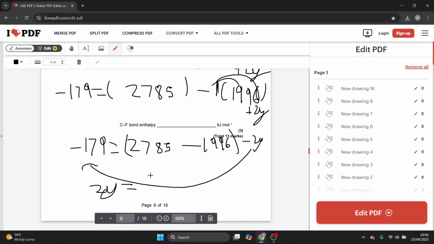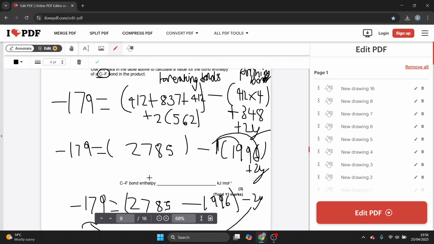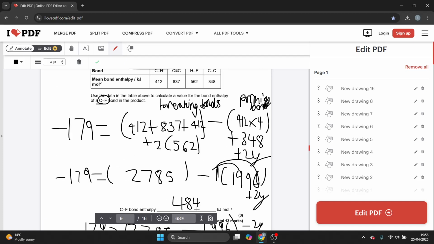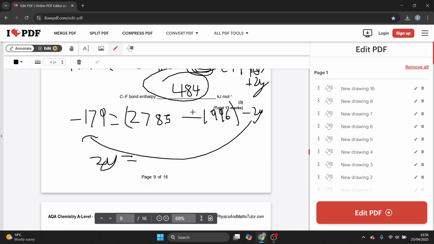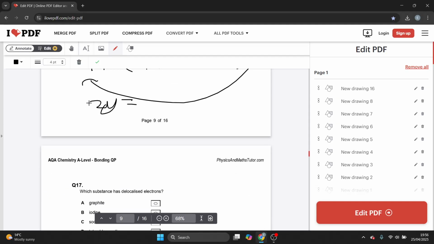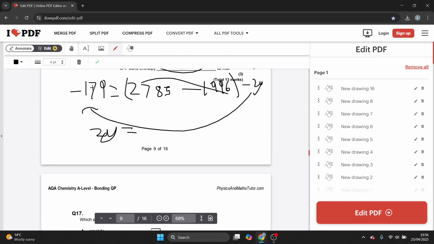So 2785 minus 1996 plus 179, divided by 2, gives 484. I think this part is where I used to make so many mistakes, but just expand the bracket, treat it as a minus 1, and you won't make any errors. Then move it to the right-hand side, add 179, and divide by 2.